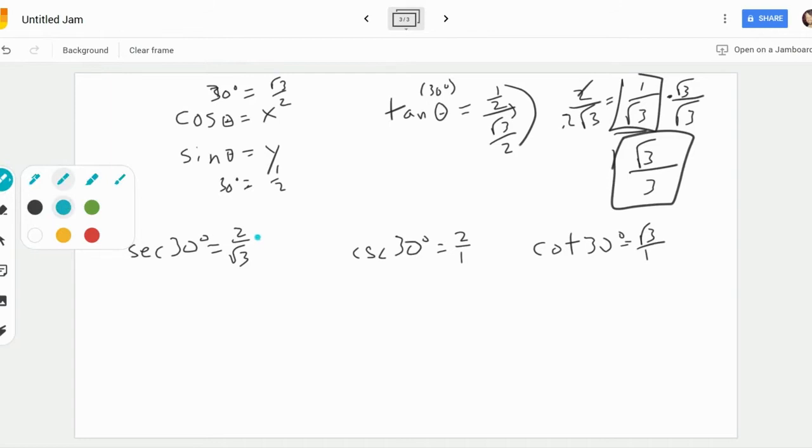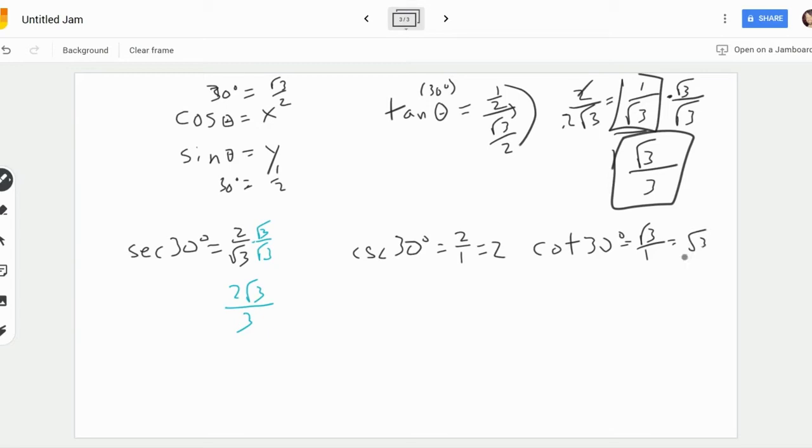This one tends to be the ugly one this time. You times it by square root of 3 over square root of 3, because to rationalize the denominator, get rid of that square root on the bottom. You have 2 root 3 over 3. 2 over 1 is just 2, and this one's just square root of 3.